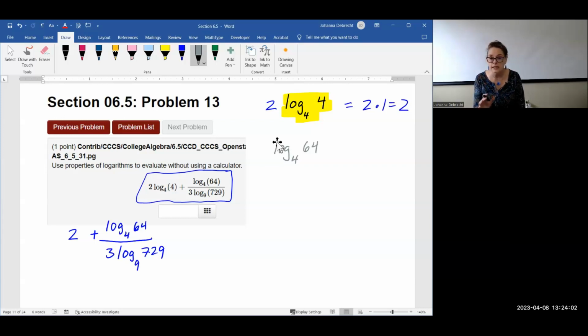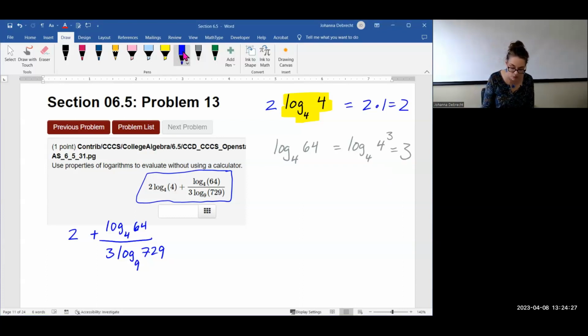And the answer is yes. So it super helps to know your common powers. And I'll make a list after this problem of all the powers you ought to know. So this becomes, of course, log base 4 of 4 to the third, which basically says 4 raised to some power gives me 4 to the third. So this just simplifies to 3.